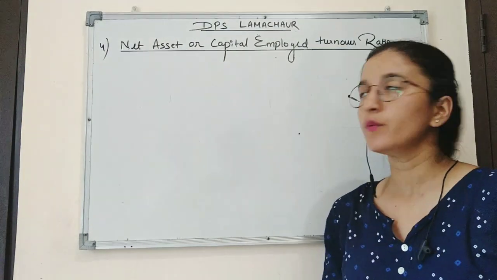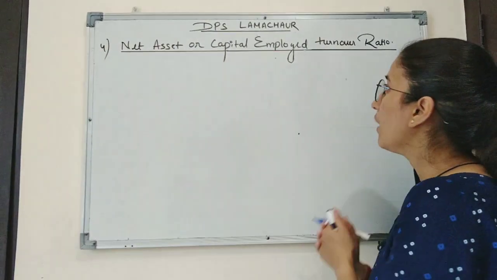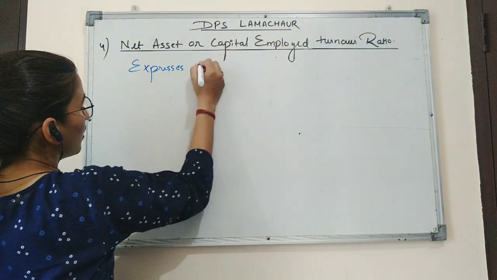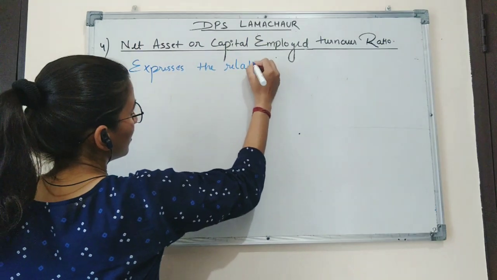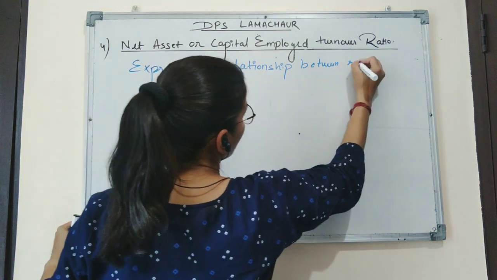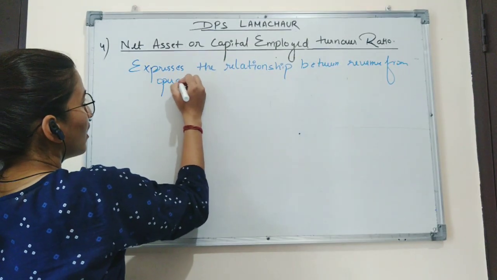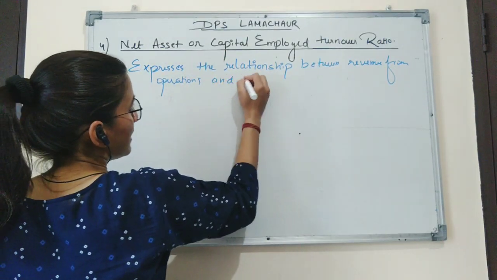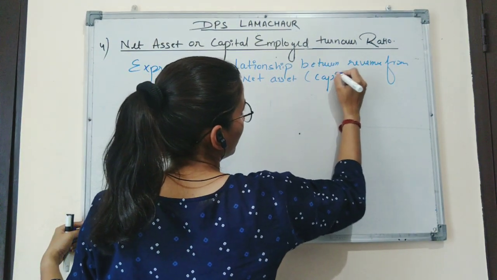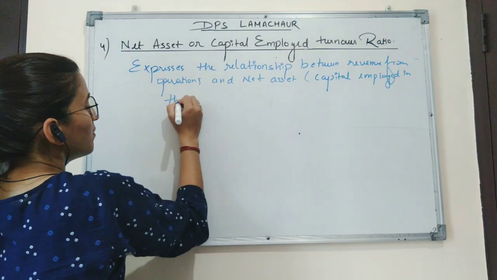Now, the fourth type of turnover ratio is the net asset or capital employed turnover ratio. Now, this ratio expresses the relationship between revenue from operations and net asset, or we can say capital employed in the business.